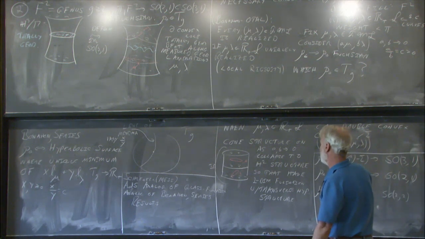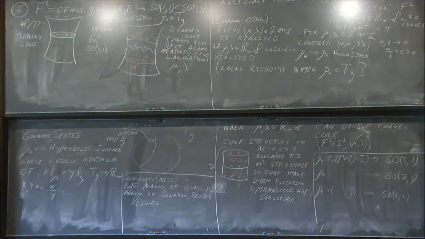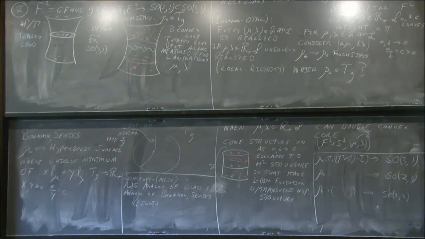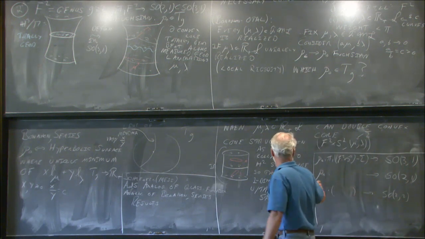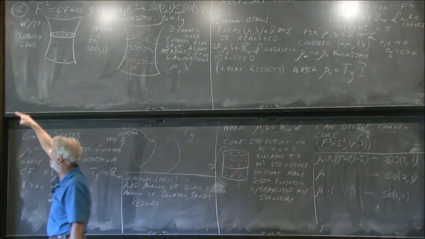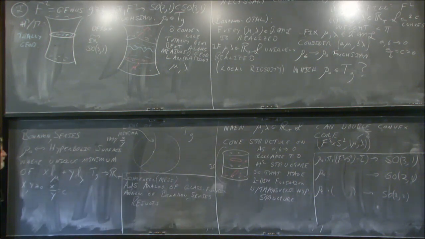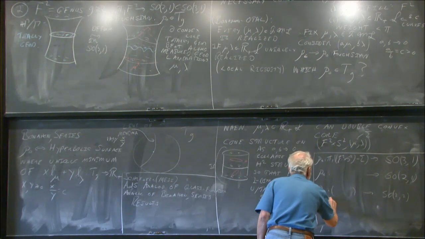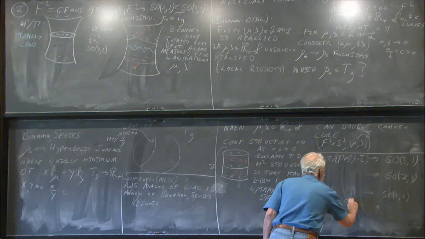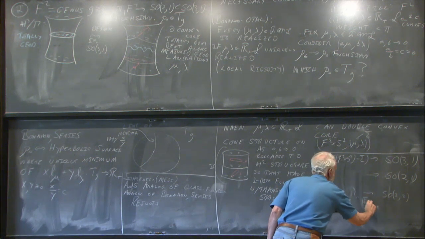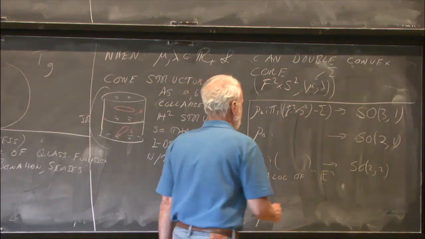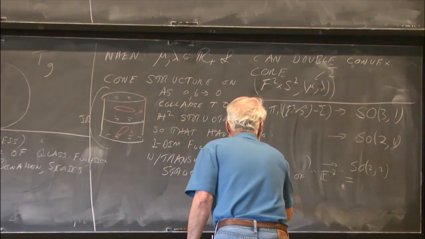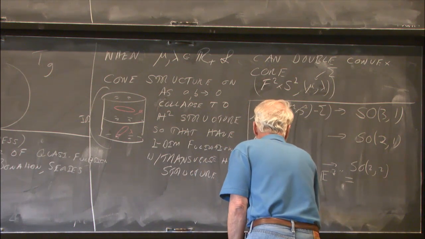I didn't organize my boards quite so well, but let me just say, I'm running a little short on time, there's actually an analog of, this is sort of like the SO3 over here, there's an analog of isometries of E3, a thing that is kind of the lift of E3 isometries, which is what's called HP, or half-pipe geometry.